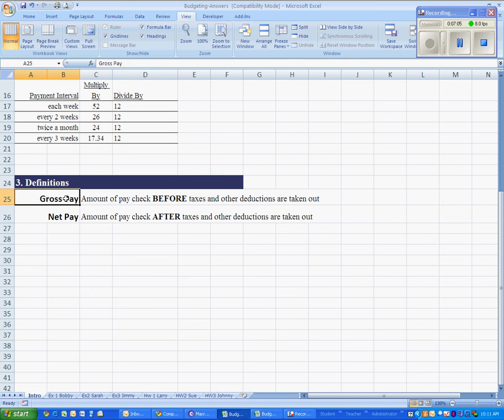Gross pay is what you get paid before taxes and other things are taken out. So if you get $10 an hour and you work 10 hours, your gross pay would be $100. And you think that's great. Unfortunately, Uncle Sam, that would be the U.S. government, takes out quite a bit of money.